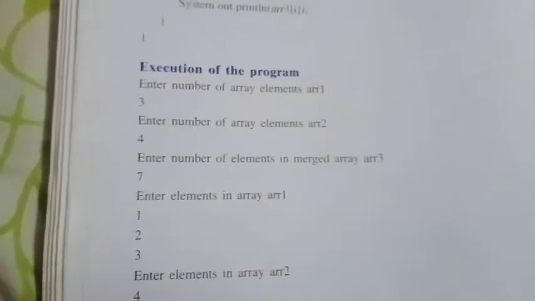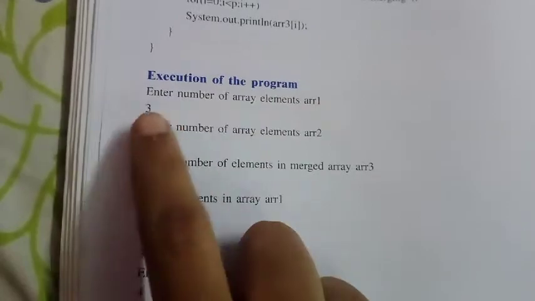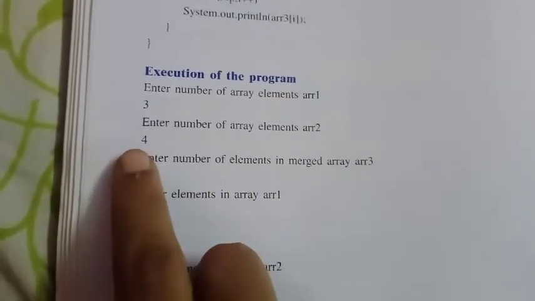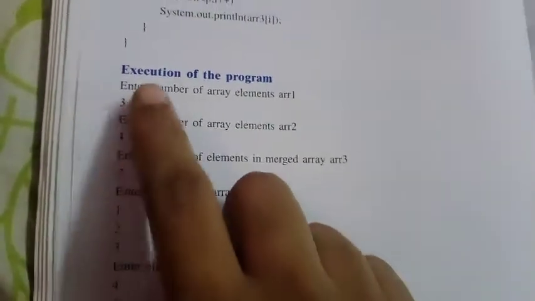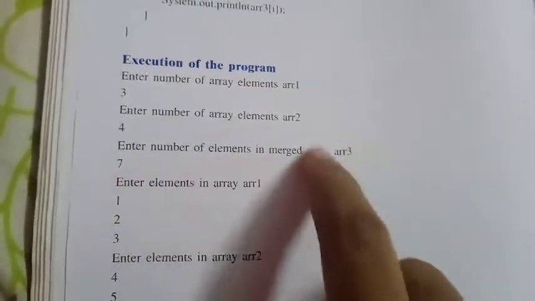See here, enter the number of array elements: for array 1 they have given 3 and for array 2 they have given 4. So after adding these two you get 7 for the third array.